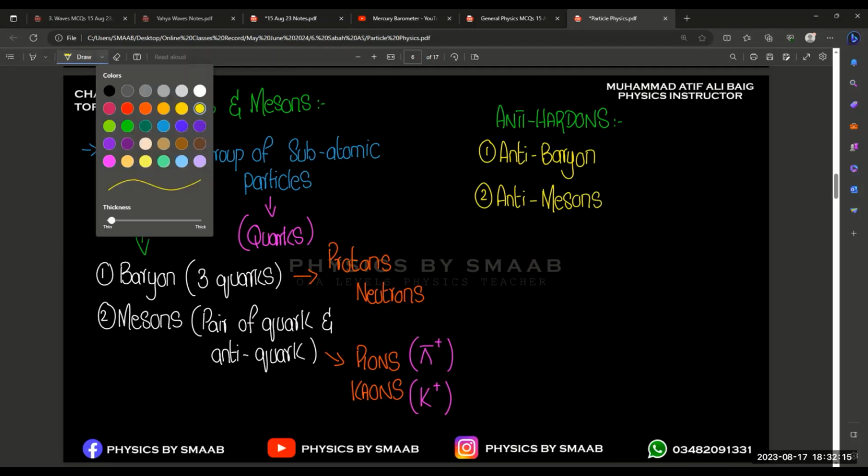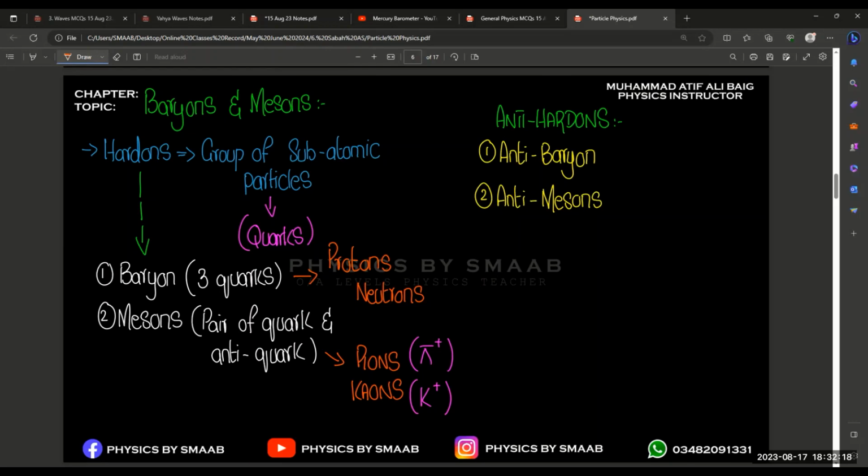And if you want to write their composition, in baryon we are combining three quarks. So in anti-baryon, we are going to combine three anti-quarks, right? Because we are working with the anti category. In the normal category we use quarks, so in anti-baryon we are combining three anti-quarks.